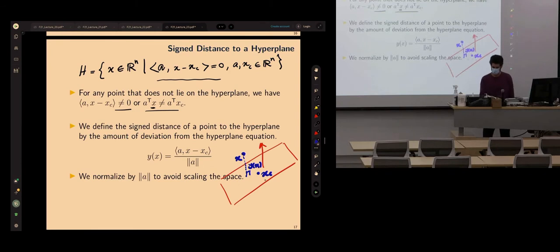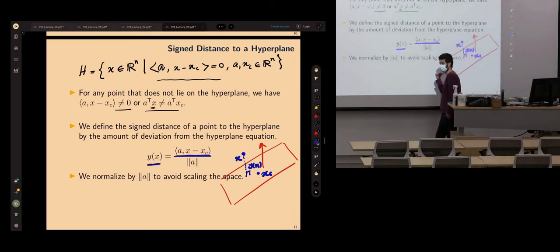We take the distance of x with a point on the hyperplane, which is easy to pick, xc, because that was part of the definition. Take its dot product with a to get its magnitude in this orthogonal direction that I talked about, divided by the norm of a, because a possibly is not normalized. Then we get a function that is a signed distance.